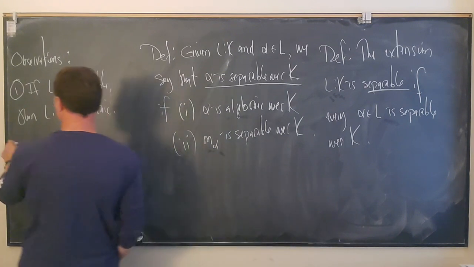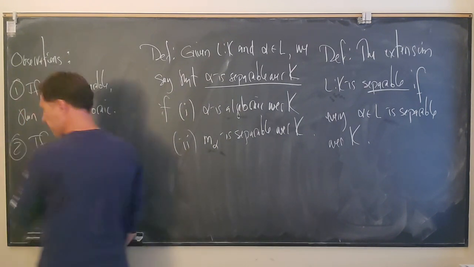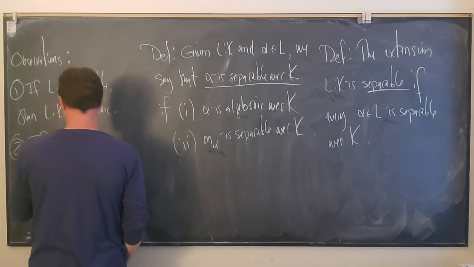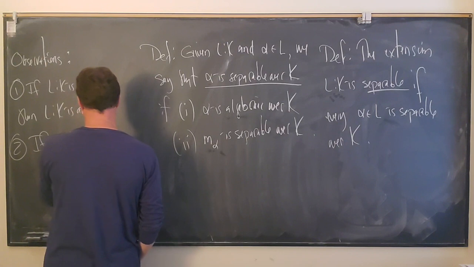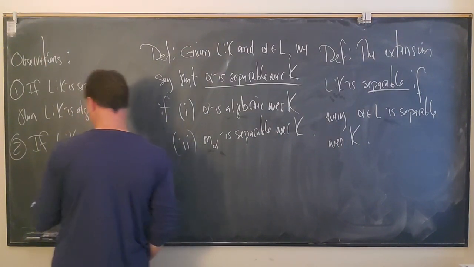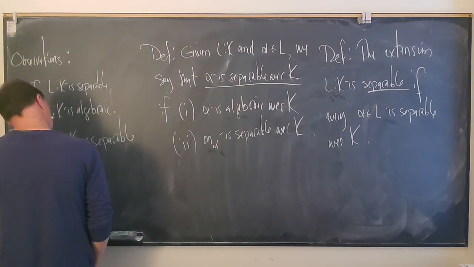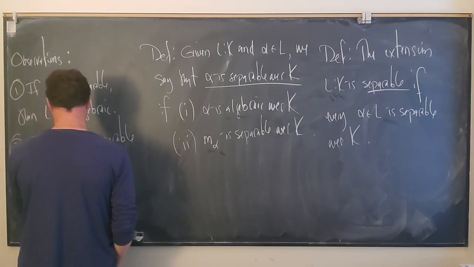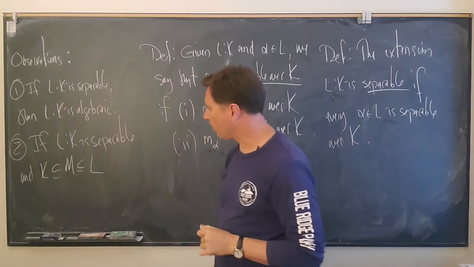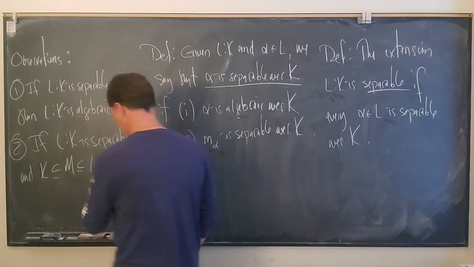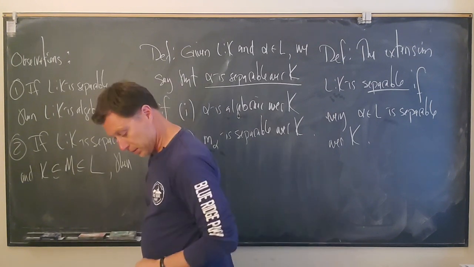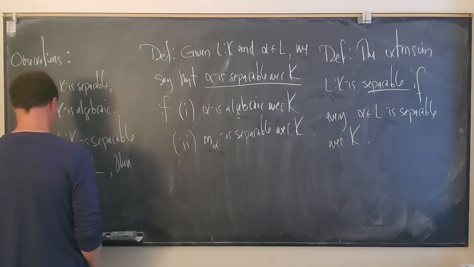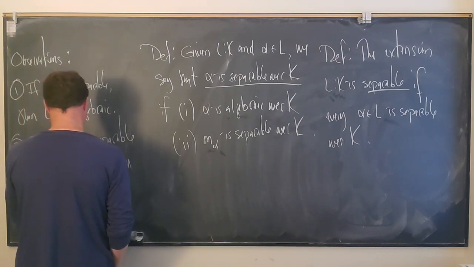The second observation: let's say that we have a separable extension L over K, and we have some field in between, so let's say M is intermediate to K and L. Then M over K is separable.